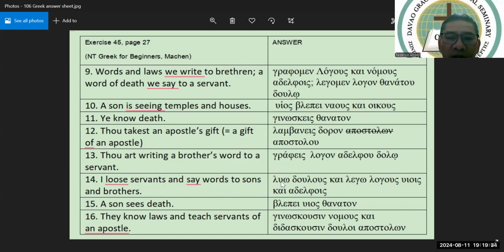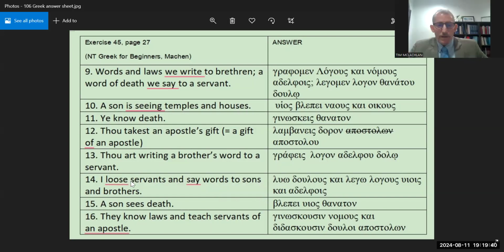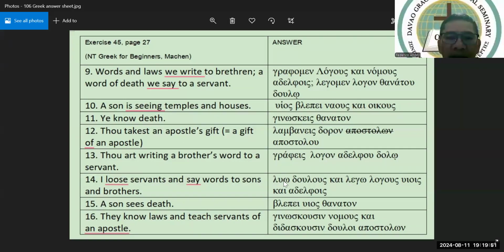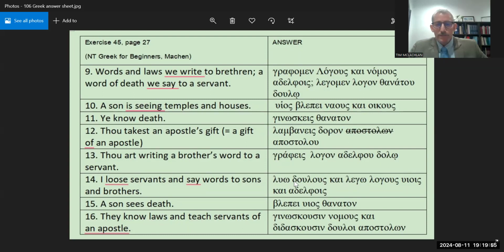Is this also translated loose or also the word say? Well, because you have two words here, so I loose servants. So we're talking about the form here, luo. Okay, and then you got the word say over here, lego. So these are verbs effectively, I loose, and here you got I speak.